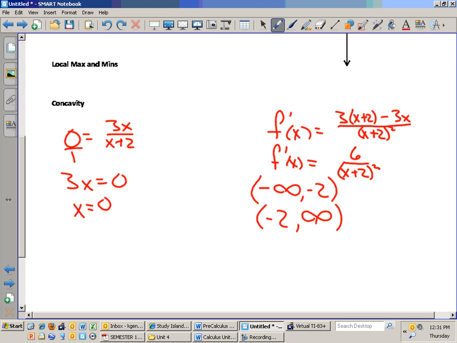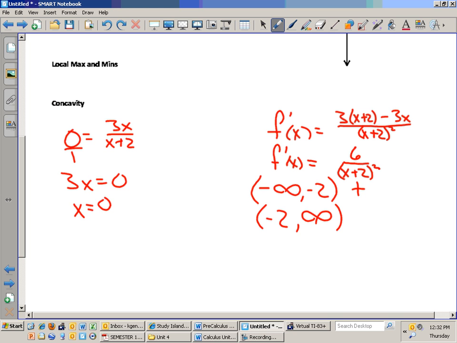What number between -infinity and -2 would you like to plug in? -3? So -3 plus 2 squared is 1. 6 divided by 1 is positive, right? So it looks like it's increasing there. Now what number would you like to plug in?